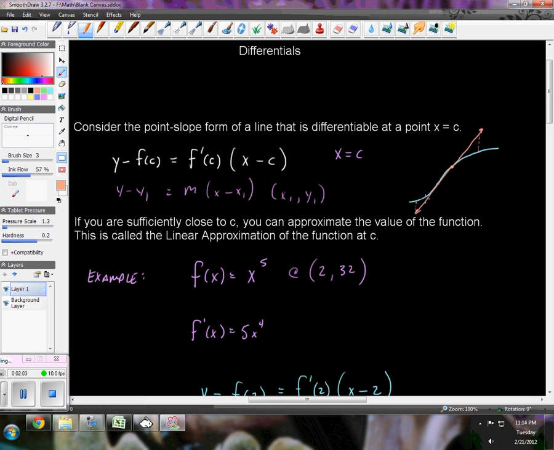Plus, they might not know exactly how the function behaves, but they might know how it changes. In other words, they might understand what the derivative looks like, but not really what the function looks like. That's especially true when you get to multivariate, and we don't really want to go there yet. Enough scaring you. If they're sufficiently close to c, you can approximate the value of the function.